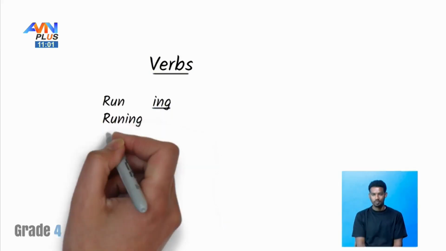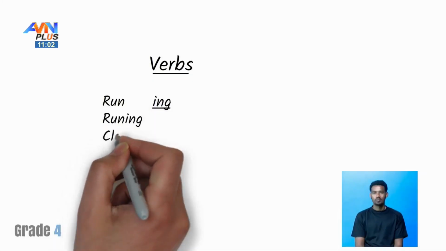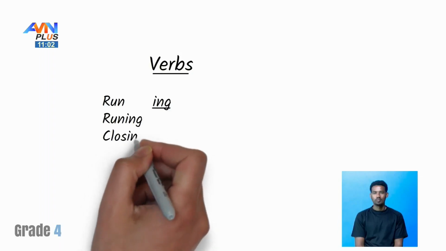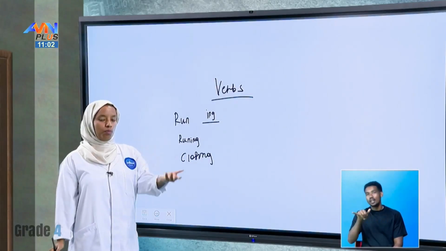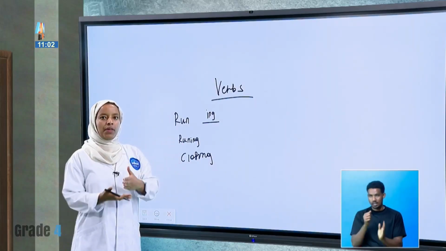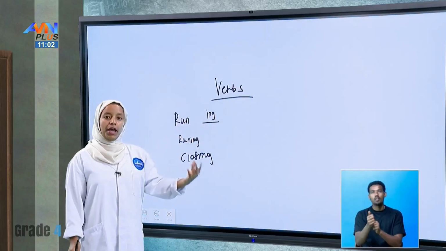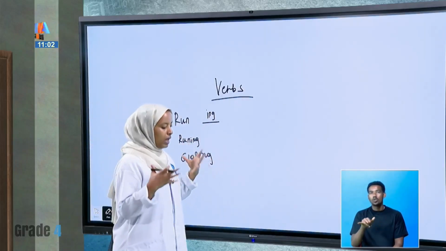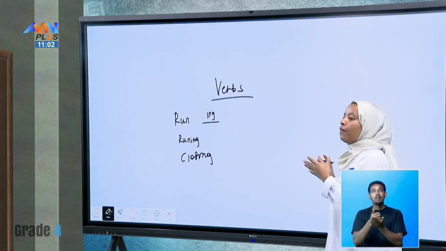For example, we can say close, closing. We can add more examples with ing verbs, that are main verbs followed by ing. And also, there are different helping verbs, which help the main verbs.